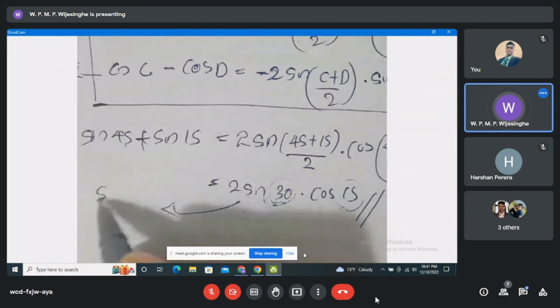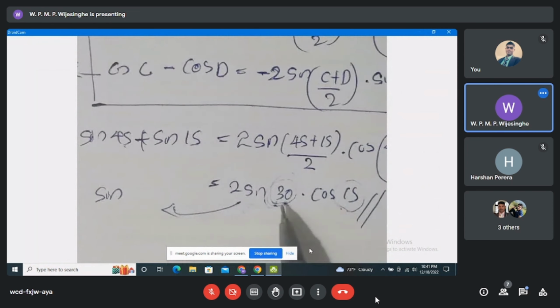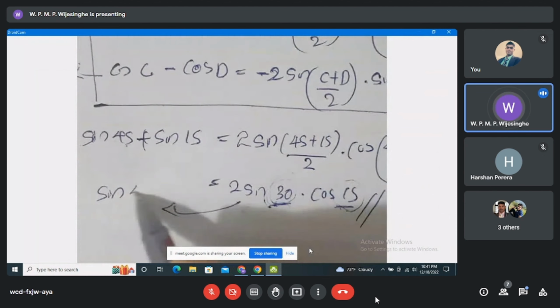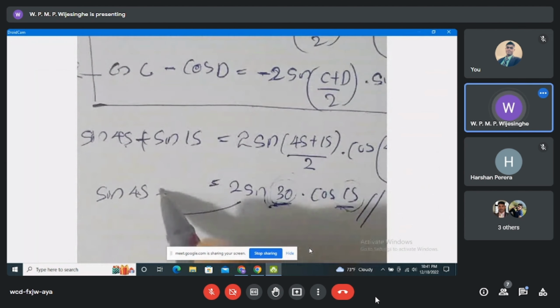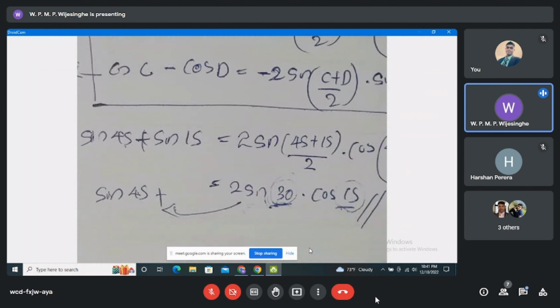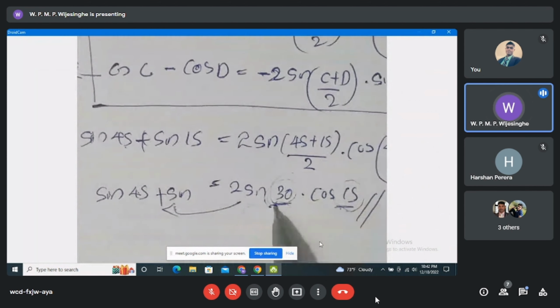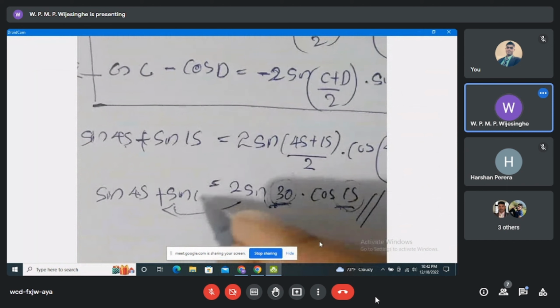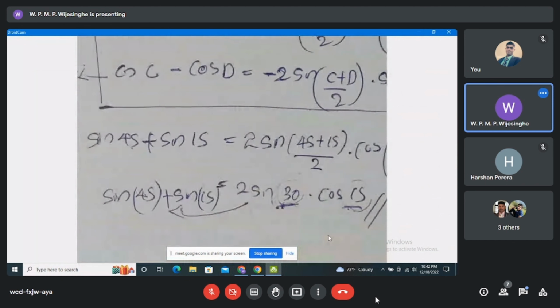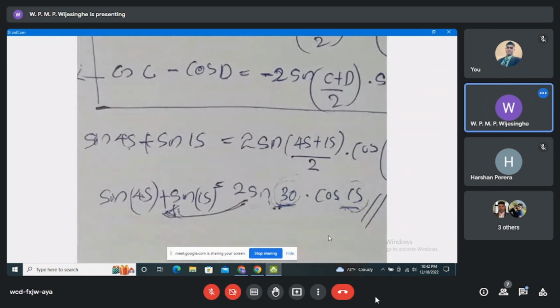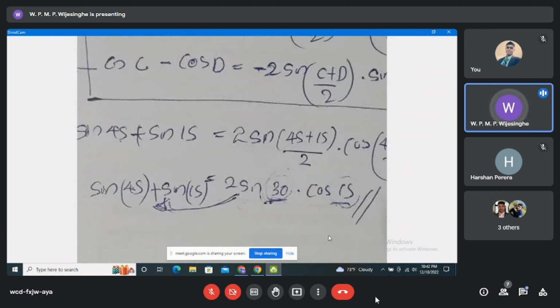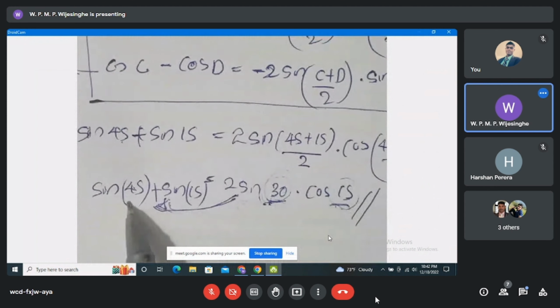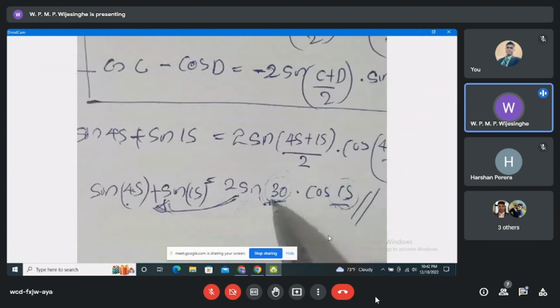Then first one, sine: how to get 45? 30 plus 15, it is 45. It should be plus. Next one, sine 30 minus 15, it is 15. Right? When we go in reverse, just add these two angles here and take the difference of these angles here.